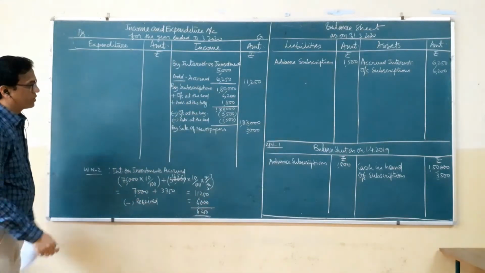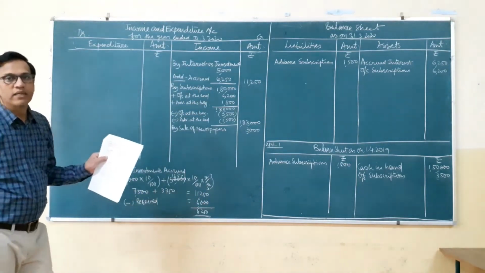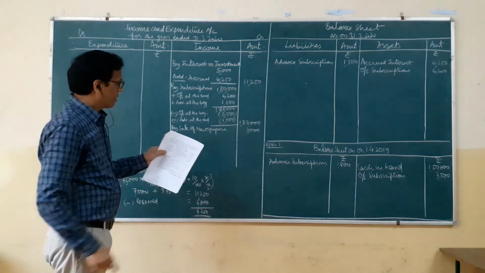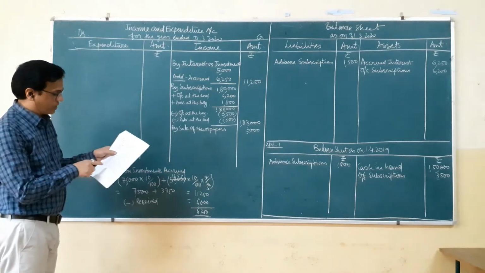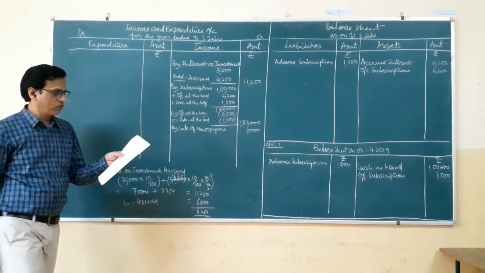Sale of computers. Computers we have to see the additional information, then 15,000 rupees, as I told you while reading the question, that computers of book value 50,000 rupees were there.